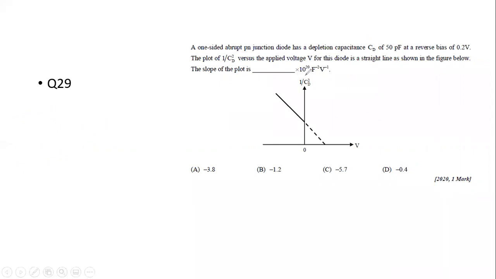Now 10 to the power 20 farad square per volt. So 50 picofarad, 0.2 upon CD square. So this is farad square per volt, so this is 1 upon CD square per volt.